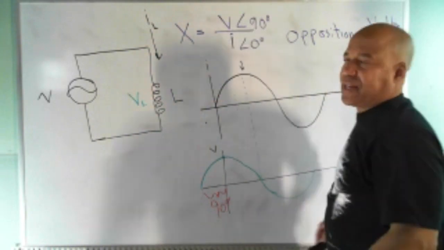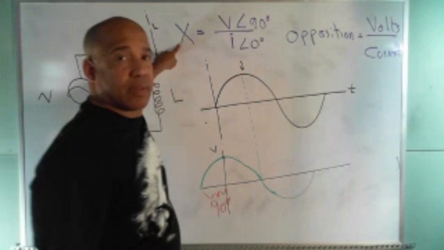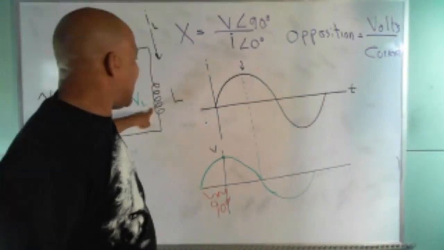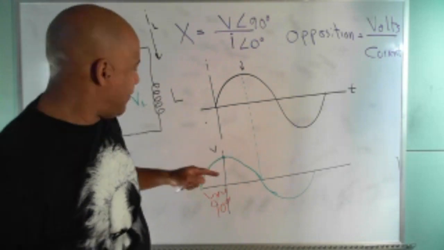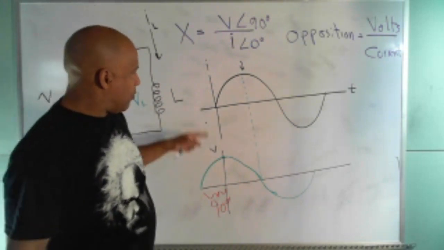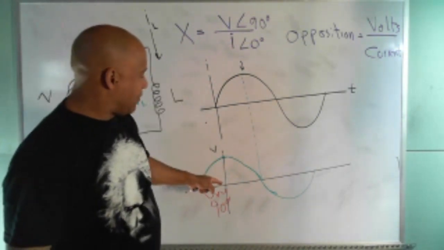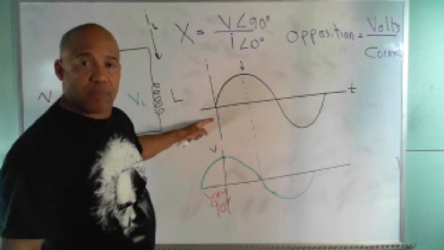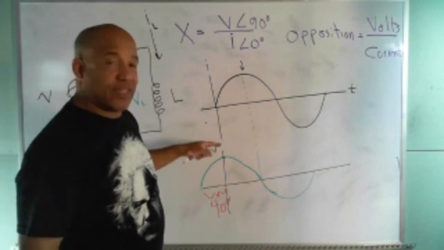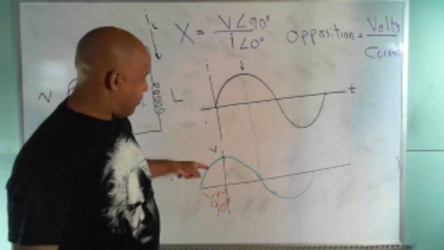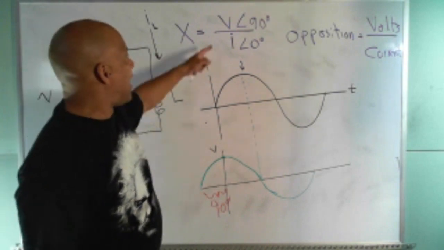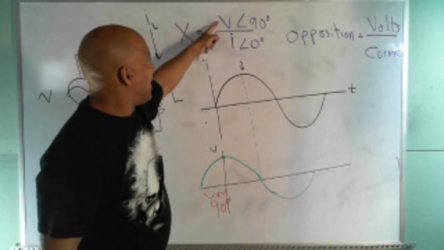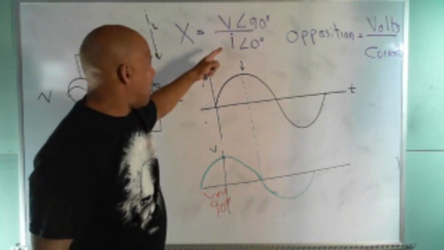So that's really strange. I got this opposition, X, from a thing called an inductor. And look how weird it is. Number one, I can see that when I have this opposition with this inductor, the voltage happens before the current. There's a phase difference or phase angle between the voltage and the current, and that phase angle is 90 degrees. So when I divide V by I, V is at an angle of 90, while I is at an angle of 0.